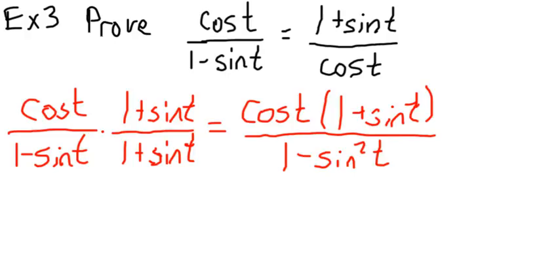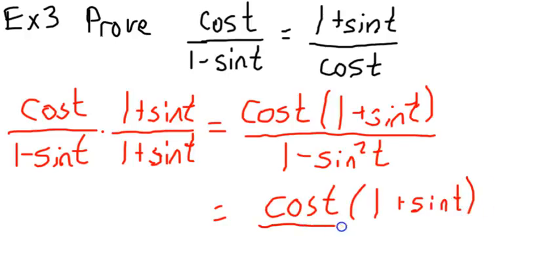If we take our main Pythagorean identity, sine squared t plus cosine squared t equals 1, and rearrange that a little bit, 1 minus sine squared t is equal to cosine squared t. So we have cosine t times 1 plus sine of t, all divided by cosine squared t.